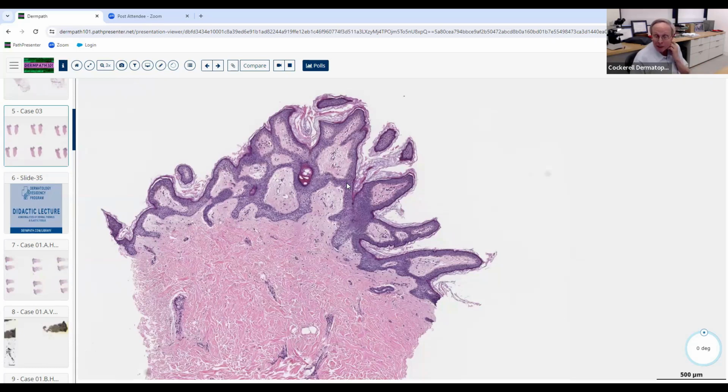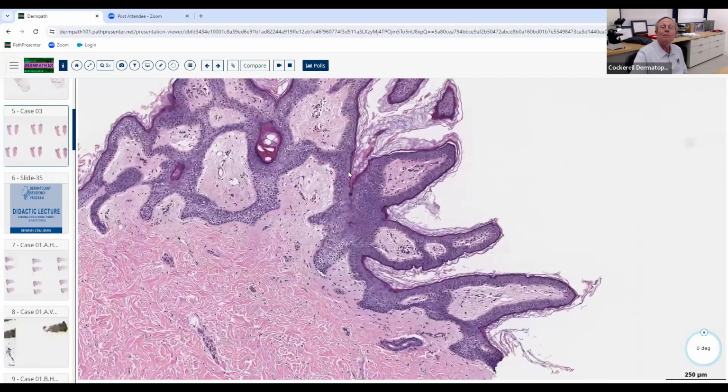It's a punch biopsy. This was not a papule. If you just saw this alone, a shave, you'd probably say it looks like a seborrheic keratosis, because it's epidermal hyperplasia, papillomatosis. You can see a seborrheic keratosis or stucco keratosis. But this came from a large plaque on somebody's neck, and it looked like brown velvet.